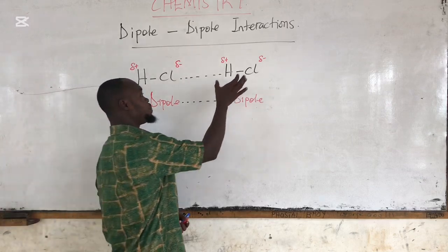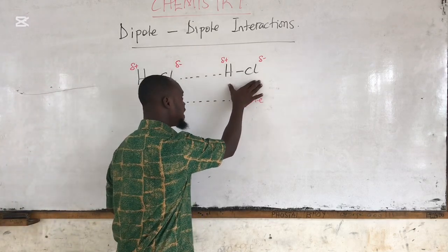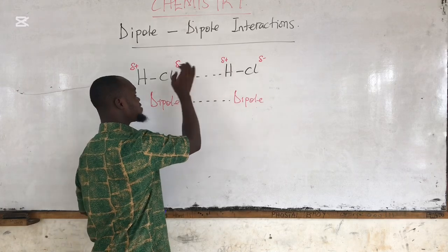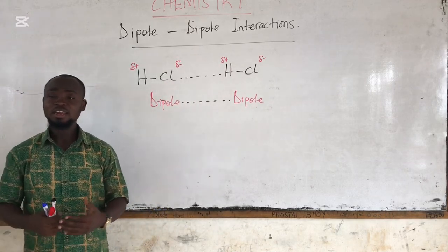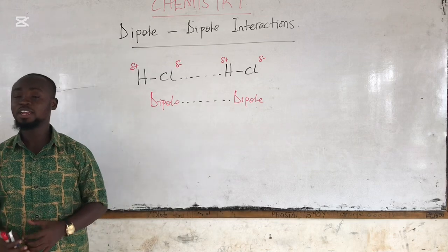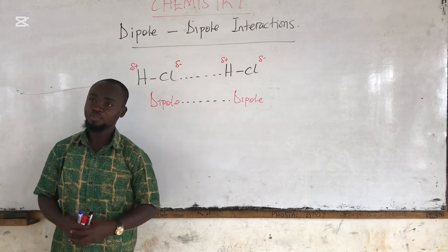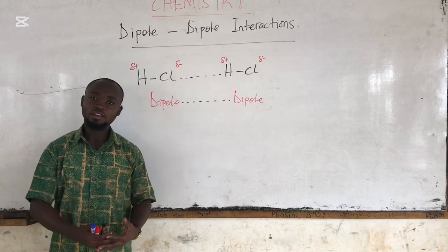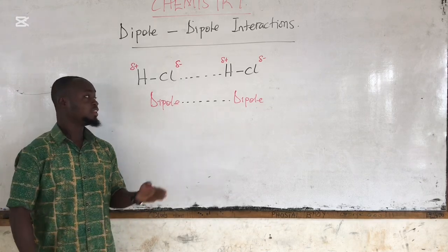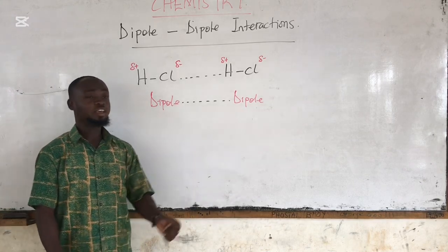So if you have another polar covalent compound nearby, due to the charges on the individual atoms in the polar compound, they are going to interact through what we call the dipole-dipole interaction.